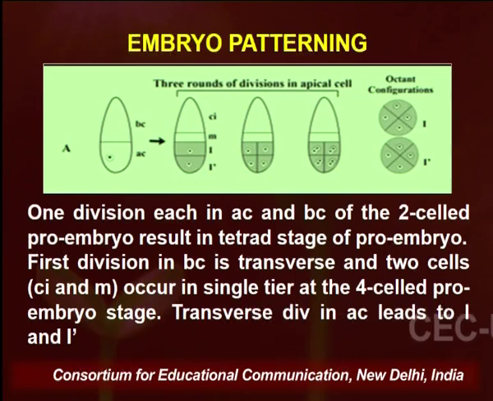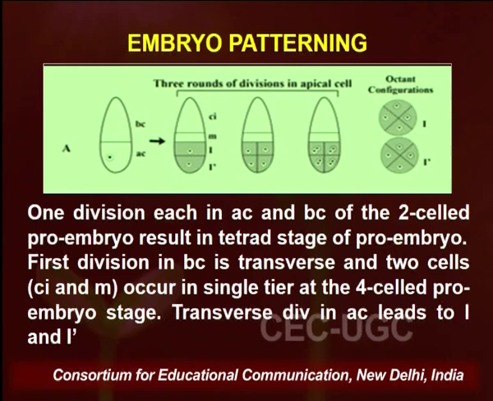So, talking about embryo patterning, you see here that one division each in apical cell and basal cell of the two celled pro-embryo results in a tetrad stage of pro-embryo.